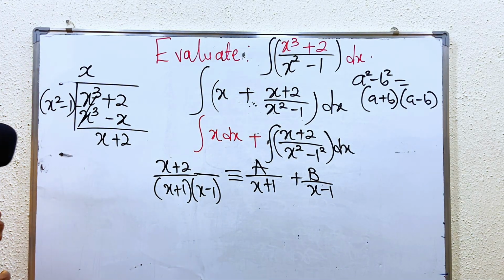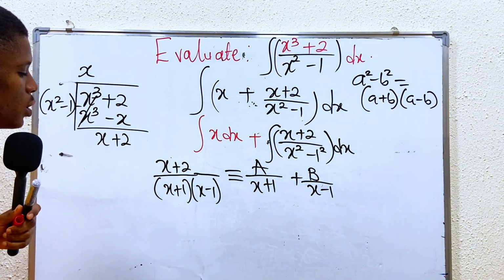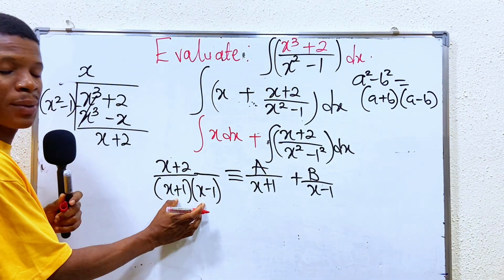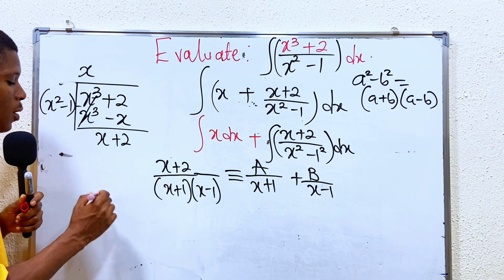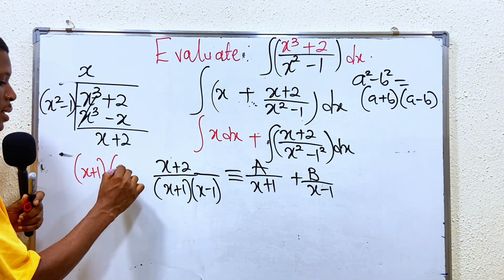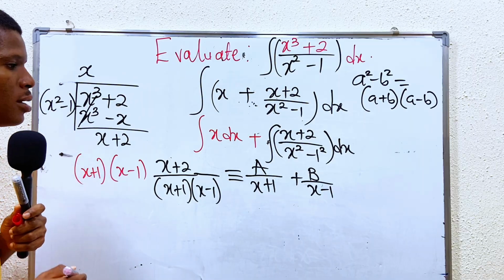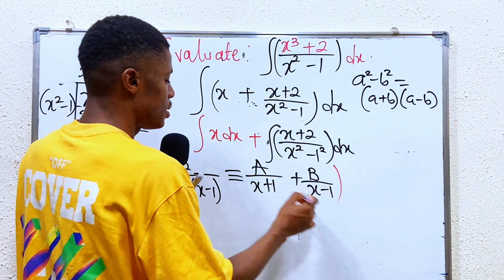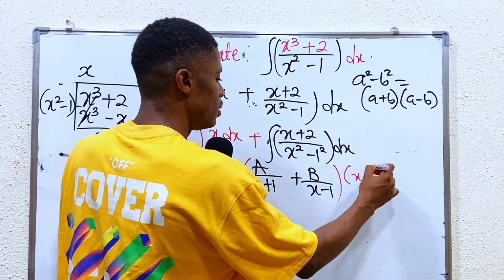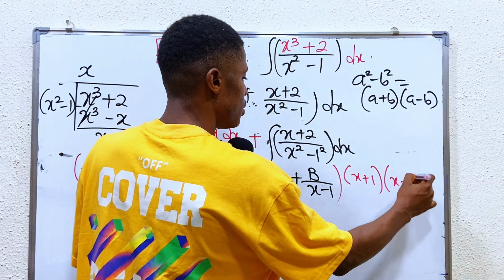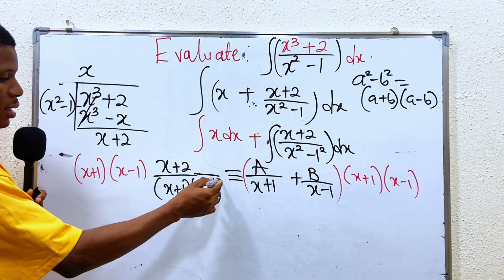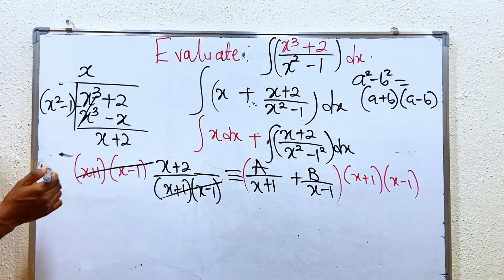To eliminate the denominator, we just have to multiply the left and the right hand side by x plus 1 into x minus 1. If you have this, you can now see that all this will cancel out.